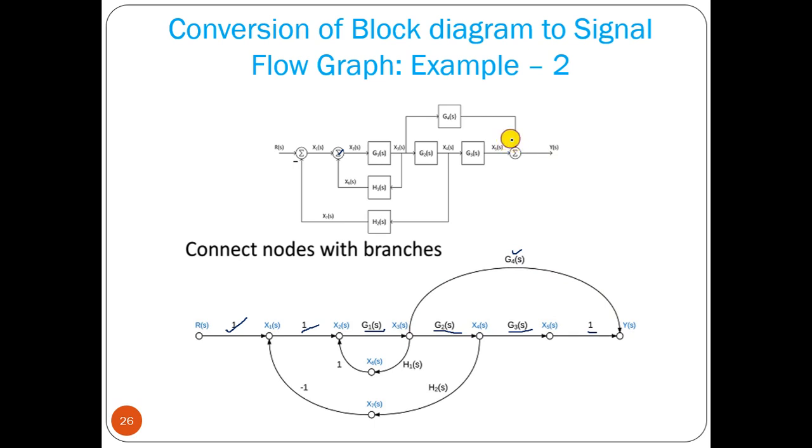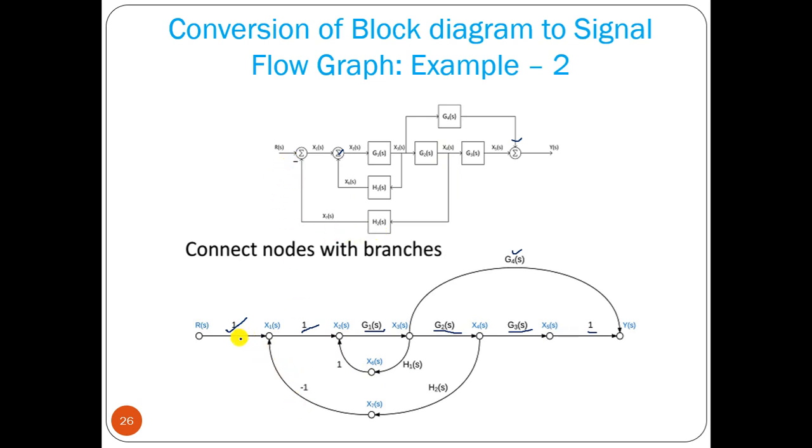We have to take care of the direction of this arrow. Then from X3 it will be X6 with H1, which is connected to this summer at X2. Similarly from X1 to X7 we have H2, then -1.